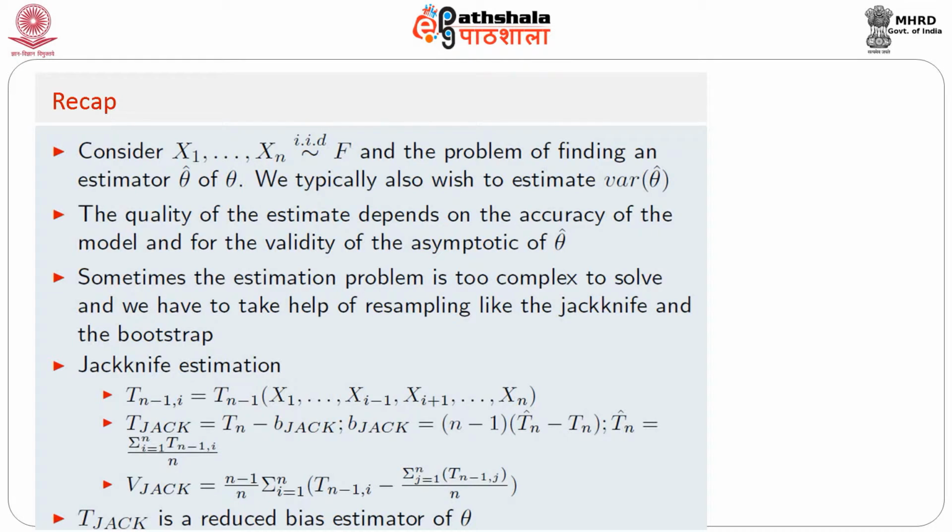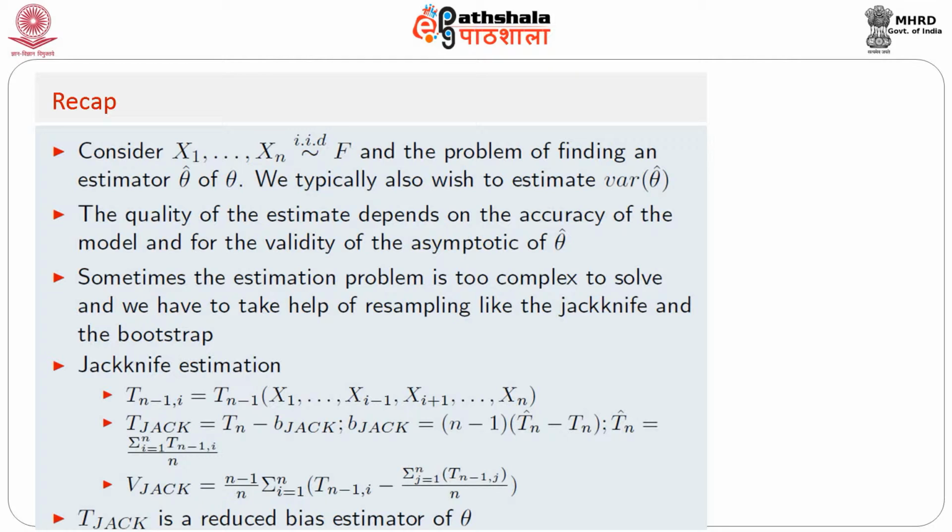Introduction to bootstrap. Consider x1, x2, ..., xn following IID F, and we are interested in the problem of finding an estimator theta hat of theta. We are typically interested in finding an estimate of the variance of theta hat also, for inference purposes.